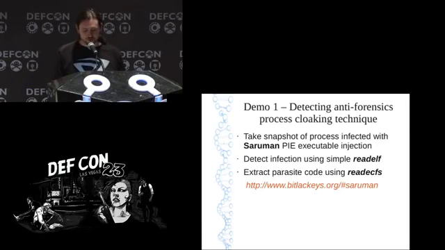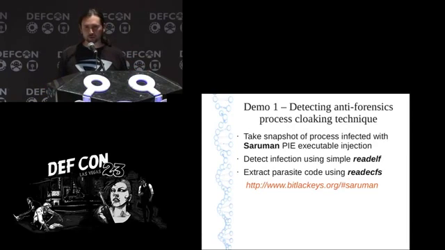So what I'm going to do now is a demo of Saruman. Saruman is an anti-forensics exec technique. People know about thread injection, maybe being able to inject some position-independent shellcode into a process. Well, what I wanted to do was take a fully dynamically linked executable and be able to inject that into a process.